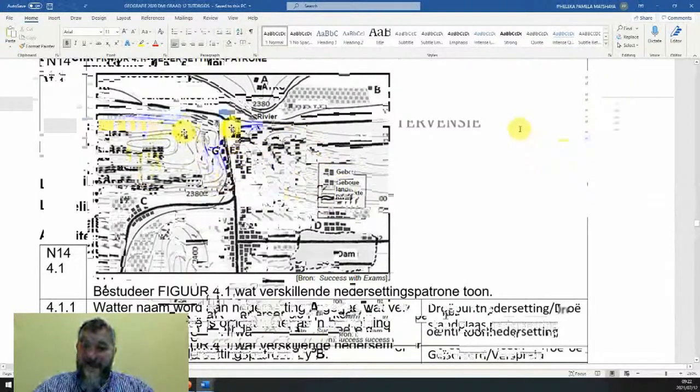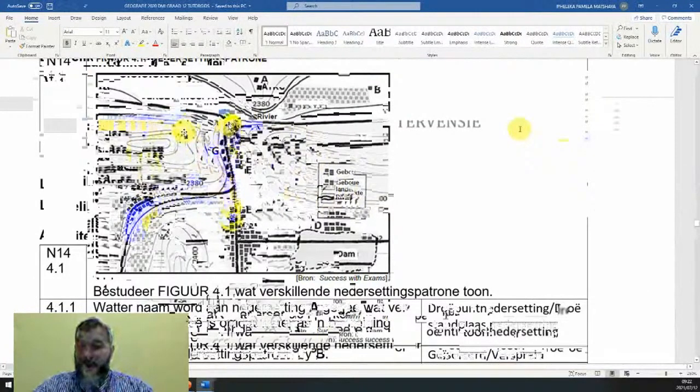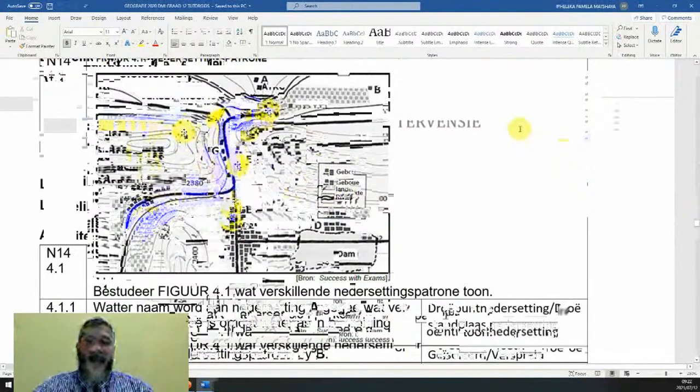But I can see here, there's a gap through the mountain, and the roads are going through the gap. What caused the gap? The river. That river that is flowing there cut its way through the mountain. We're not going to go into details now, but there is a gap through this mountain.